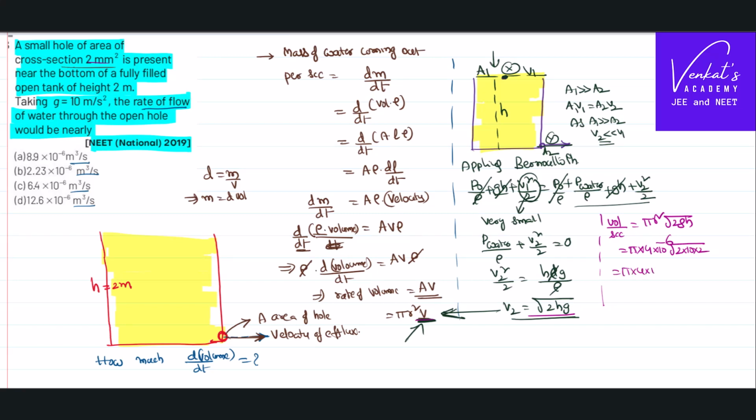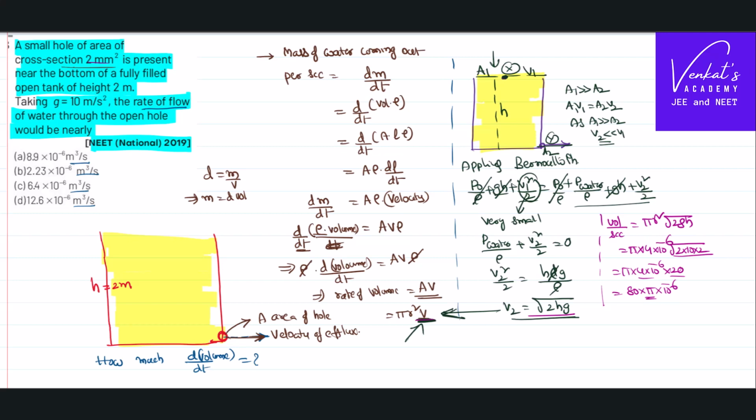So, pi into 4 into 10 power minus 6, this is root 400, that is equal to 20. 20 into 4 is 80, 80 into pi into 10 power minus 6. So, 80 into pi, pi is approximately 3, so that is approximately 240.